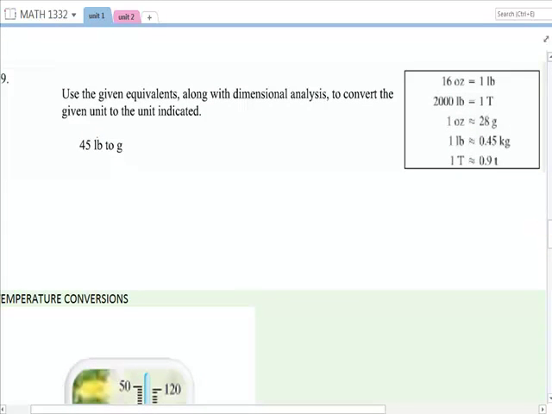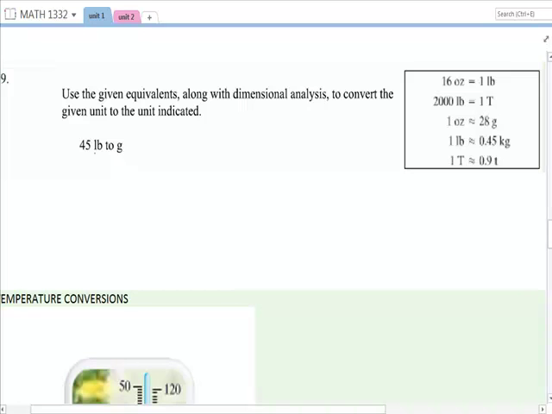Let's look at this. We're supposed to change pounds to grams. Is there a fact sitting over here, pounds to grams? No. Okay. What 2 facts, or at least a fact and a slide scale, what could I convert?